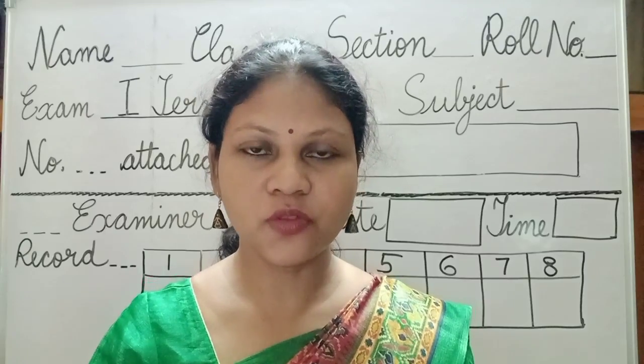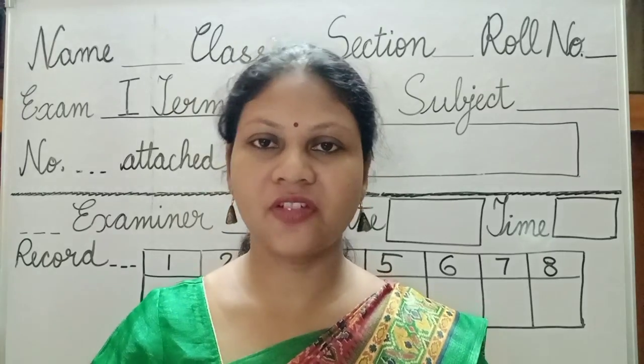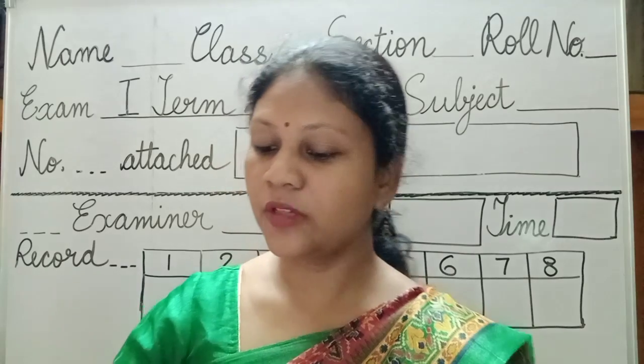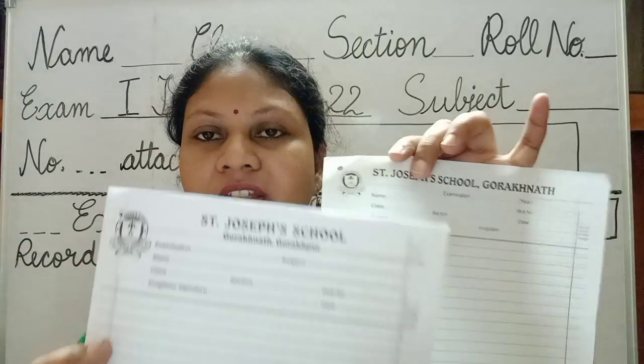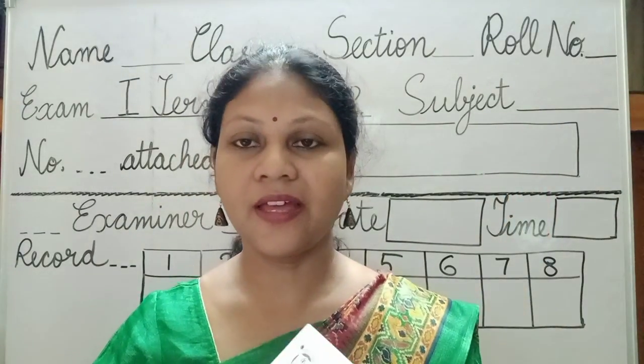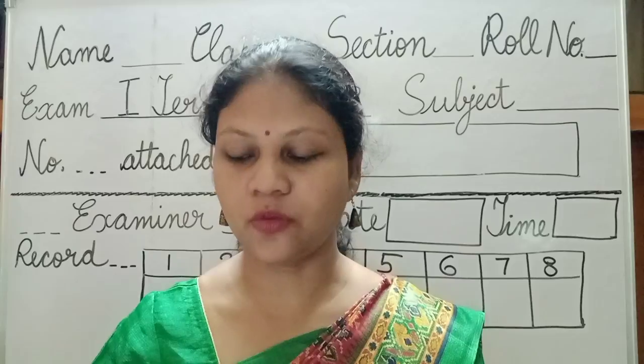According to your requirement, you may use any of these sheets. And do not forget to complete filling all the details in whichever additional sheet you are using. And you have to get the signature of your parents on additional sheets also. Okay?